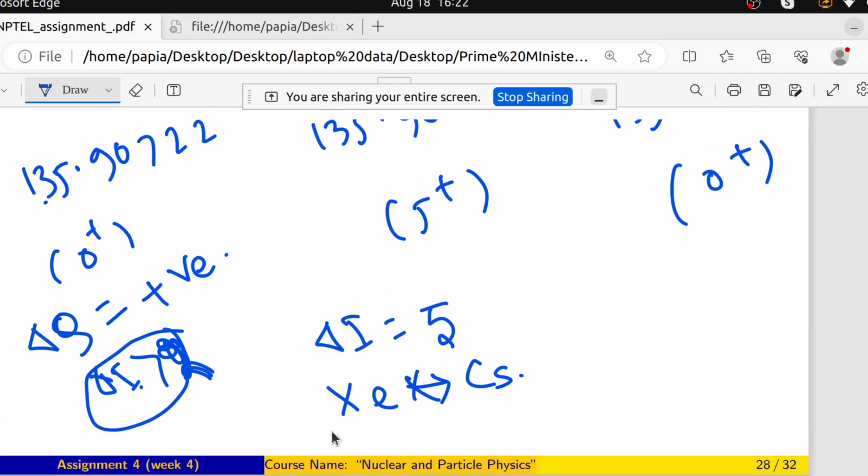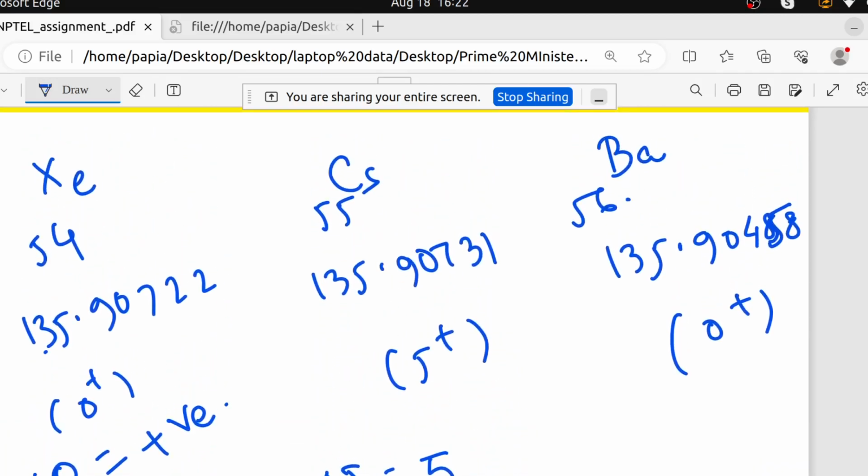But in that case xenon is not going to cesium because of the delta I greater than 5. Okay, so you understand that we have to consider things step by step. We first consider the Z values 54, 55, 56. Now we consider the mass number, which one has the greater mass, and after that we consider the ΔI values. These are the things. Okay.